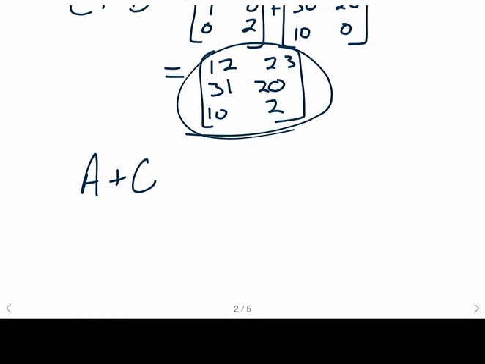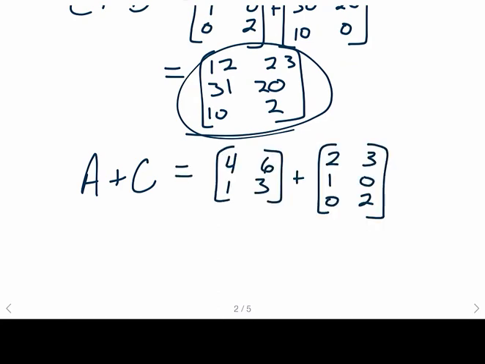Next, A plus C. Let's write down what those matrices are. So I've got 4, 6, 1, 3 plus 2, 3, 1, 0, 0, 2. Everyone has to have a partner. I could pair 4 with 2. I could pair 6 with 3. 1 with 1. And then 3 with 0.